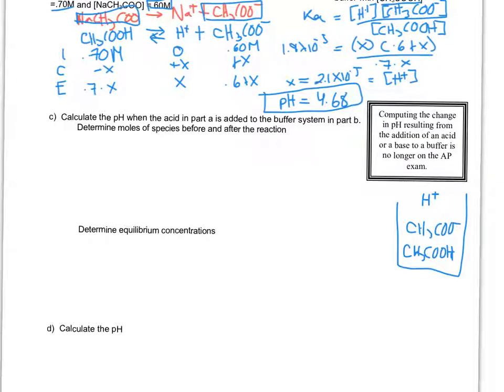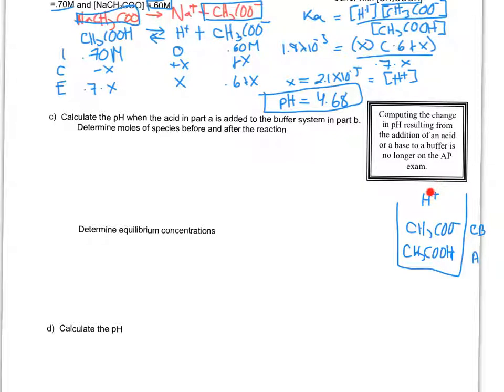Now, if I add H pluses to this buffer system, since the buffer has an acidic portion, my acetic acid is the acidic portion, my acetate ion is my conjugate base. If I add acid to this mixture, would my H pluses react with the acidic portion or with the basic portion?